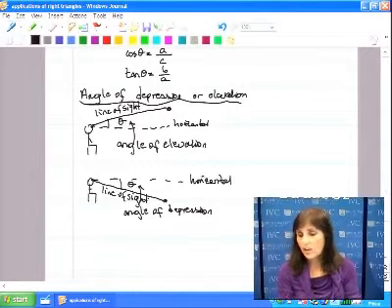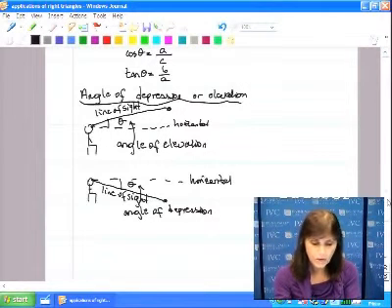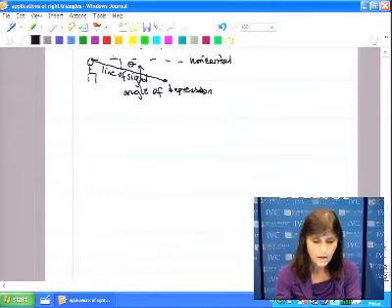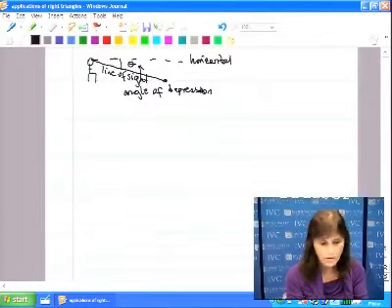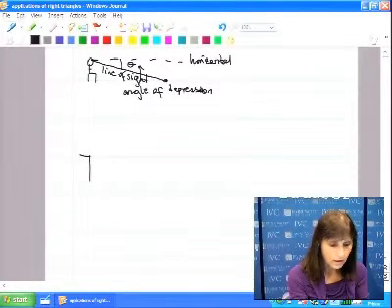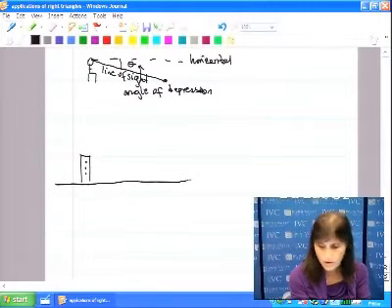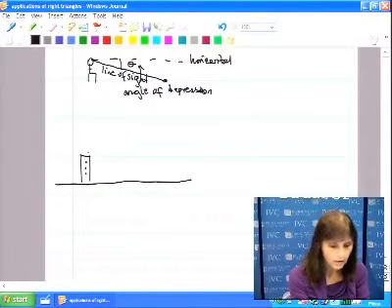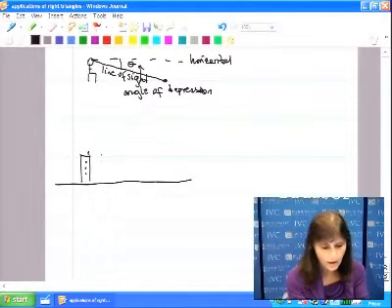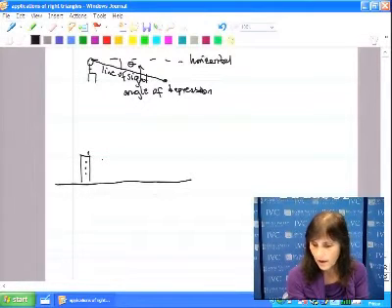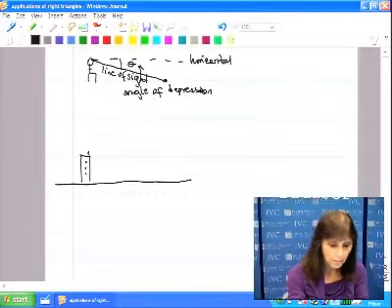All right, now let's have an application of that. You have a situation where you're on top of a building. Here are the windows, and you're on top of it, and you're looking at the Empire State Building.